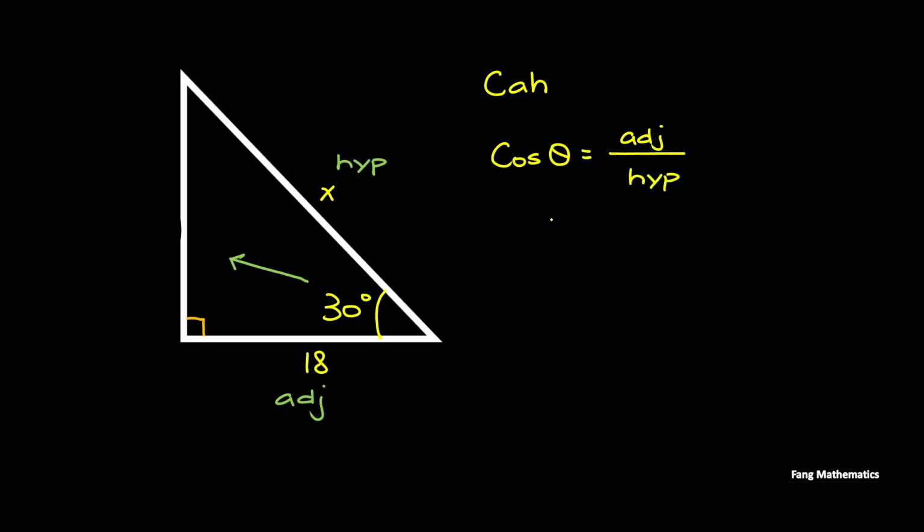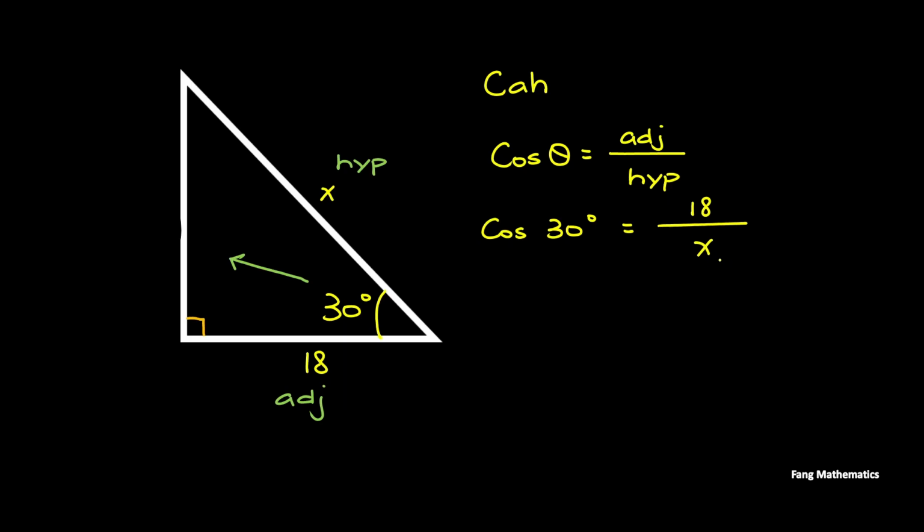In place of theta, you are to put the angle, so 30 degrees, cos 30. On the right-hand side, in place of adjacent, you are to put 18, which is being given, and hypotenuse is x, the side we are to find.